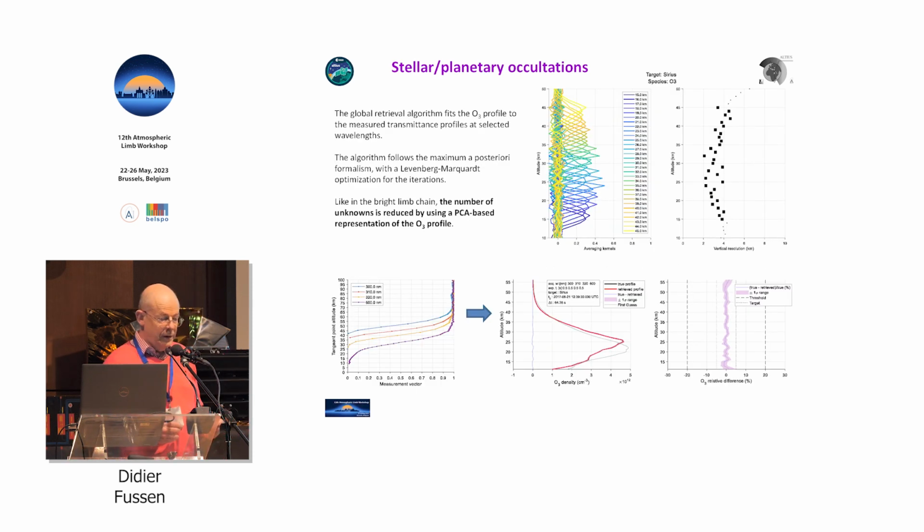You see that even in stellar occultation, we have some resolution between 2 and 4 kilometers. Even with stars, the problem is that stars are fainter, so we need to integrate more. To integrate more means a loss of vertical resolution.